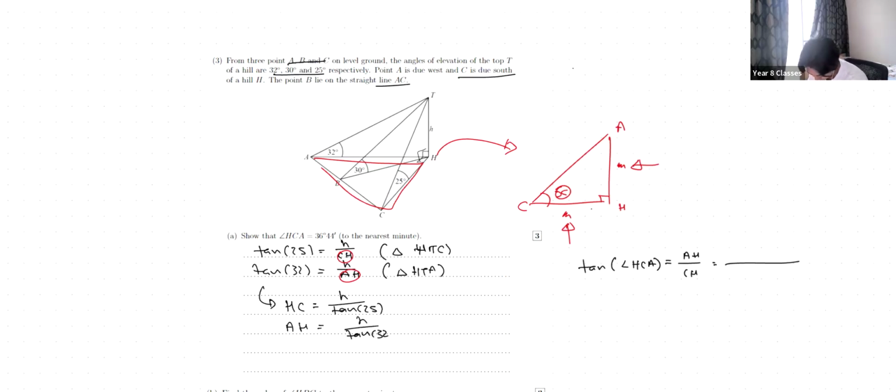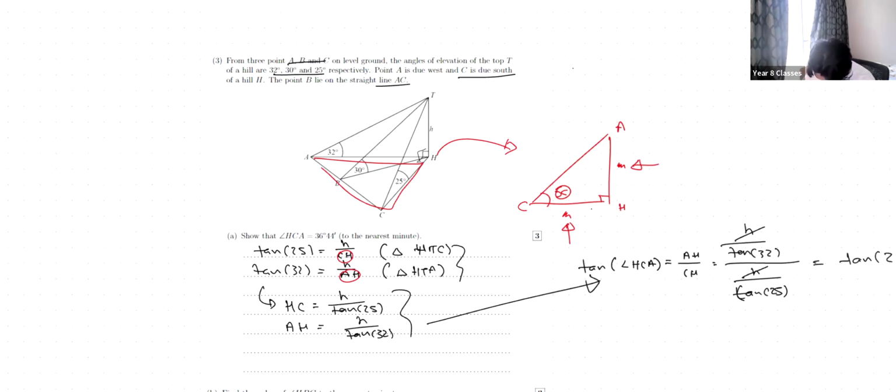And then from that, if we plug these over here, we're going to get H over tan 32 over H on tan 25. H's cancel, and then you should get tan 25 on tan 32, because this is double divided, so it goes to the top.